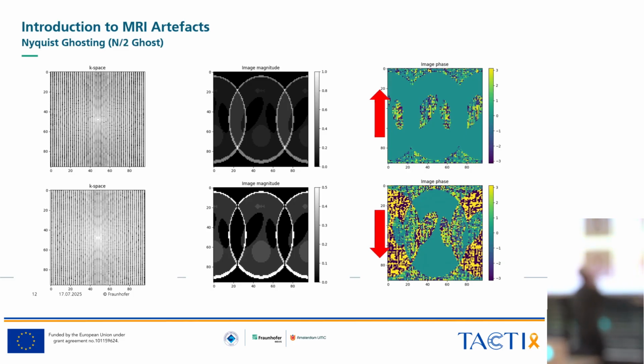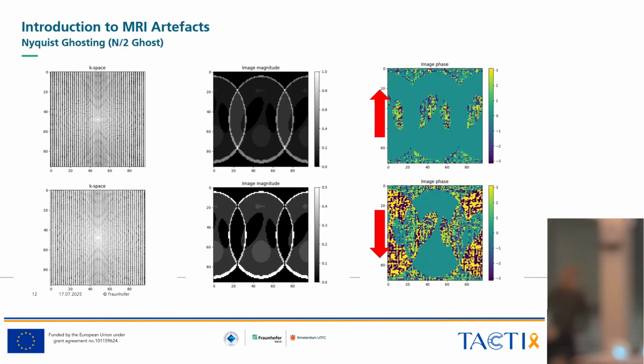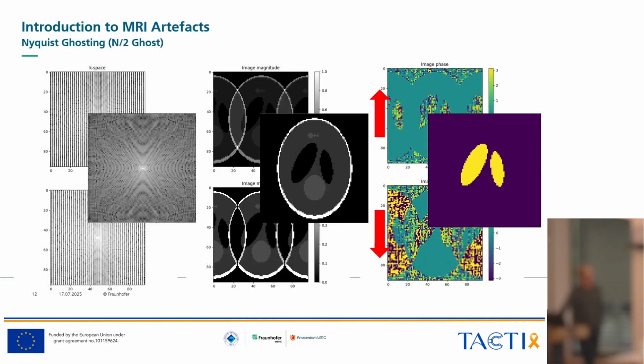This is related to some Fourier theorems. But the important thing is, if the phase information of those ghosts is directly opposite, you could just sum them up in image space again, and they would cancel out. And this is why, if you have the combined set of K-space lines, you would not see the ghosting.